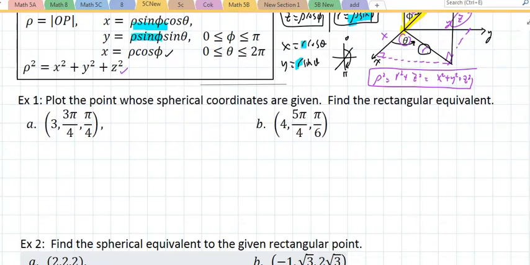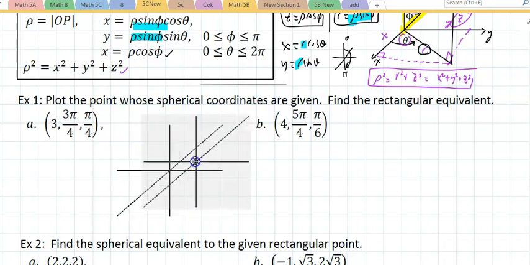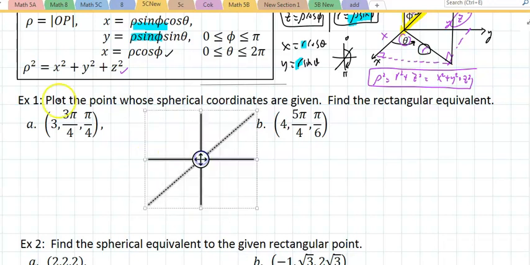Let's plot this point where spherical coordinates are given. So these are spherical coordinates, and they always go in that order: rho, theta, and phi. So I'm going to rotate 3 pi over 4. I am lining up 45 degrees in the second quadrant.